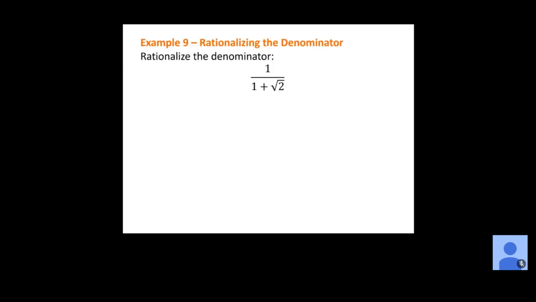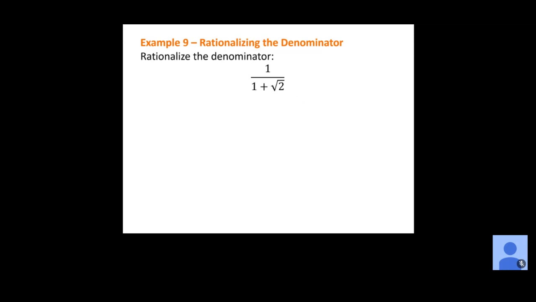All right, so let's take a look at this one. So we've got 1 over 1 plus square root of 2, and we're asked to rationalize. All right, so remember on the last slide it said all we have to do is multiply numerator and denominator by the conjugate of the denominator.